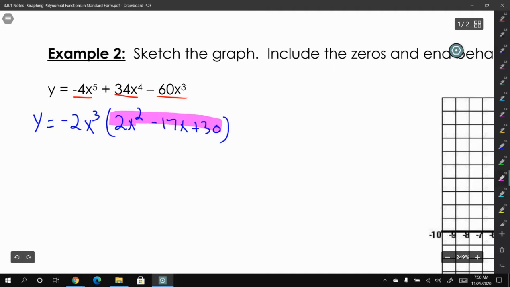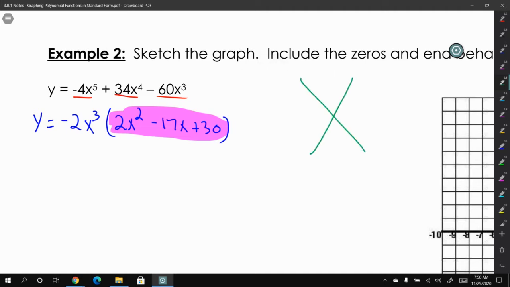And then I am left to factor this. So let's do our x. So we have -17 as our b value, and 2 times 30 is 60. So two numbers that multiply to +60 but add up to -17, that's going to be -5 and -12.